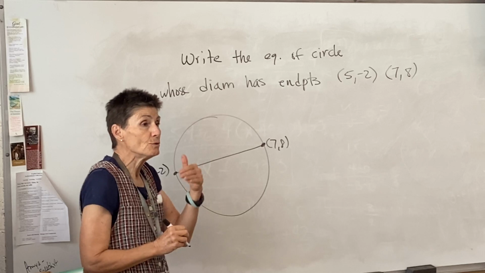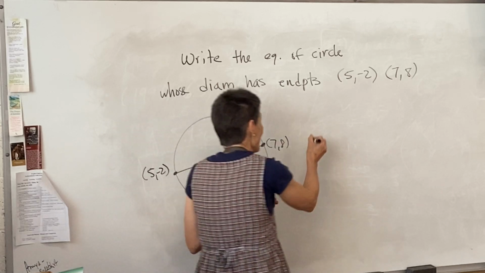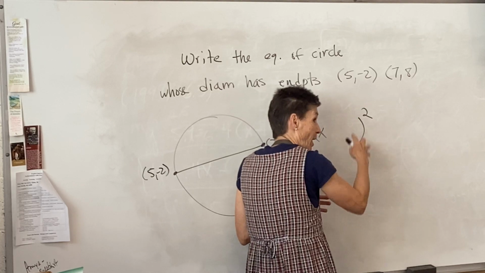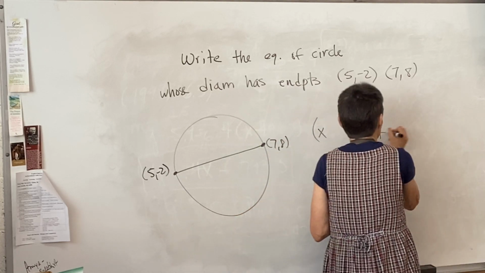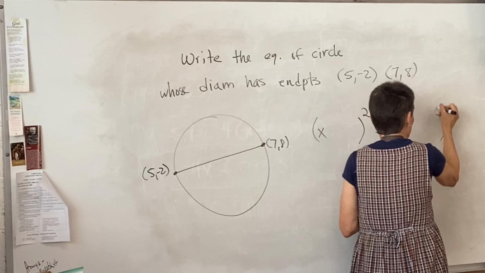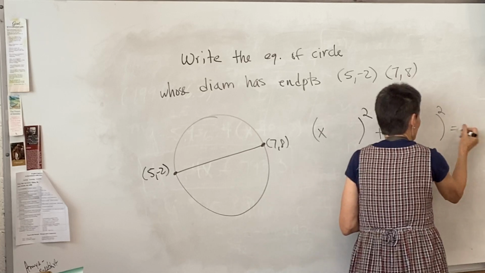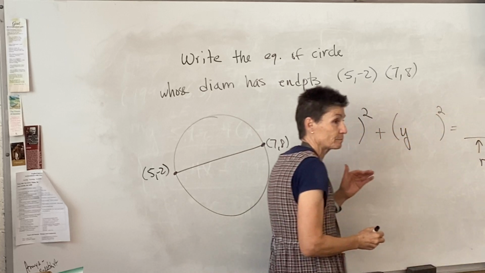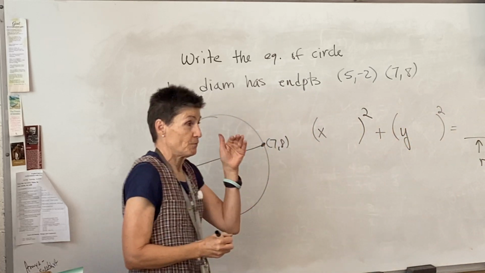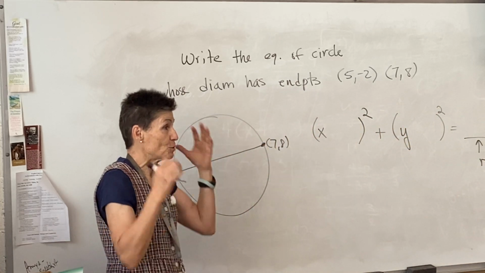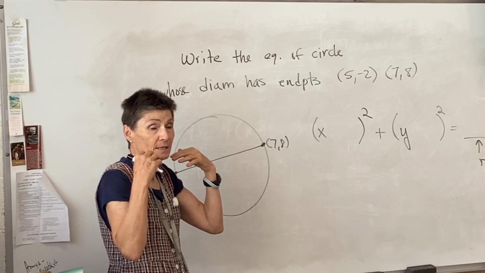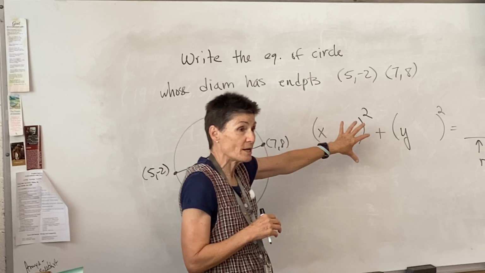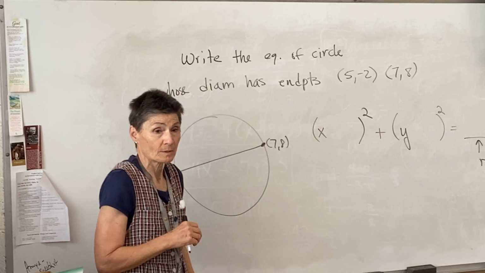Do you remember that the equation of a circle has an x squared quantity, a y squared quantity, added together, and then they equal a number, which is r squared? If you're going to do this problem, you have to have in your head that this kind of equation is what we're looking for.